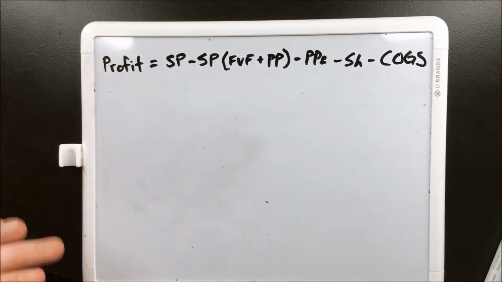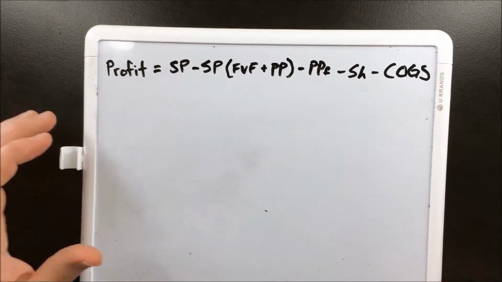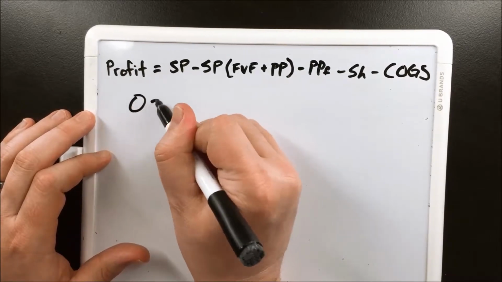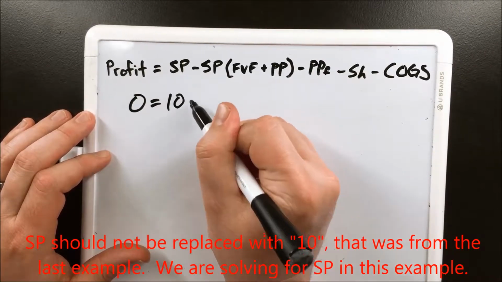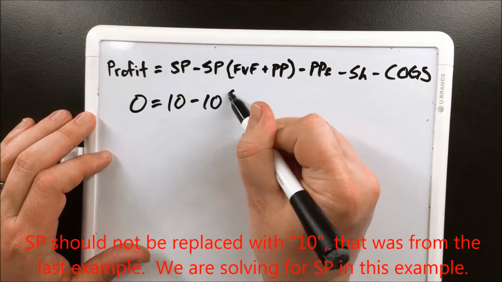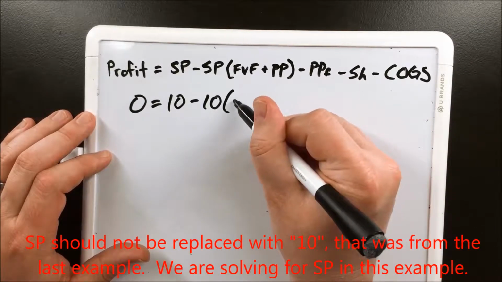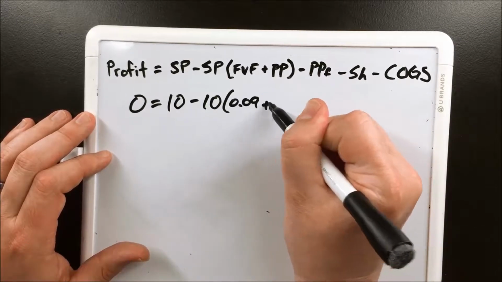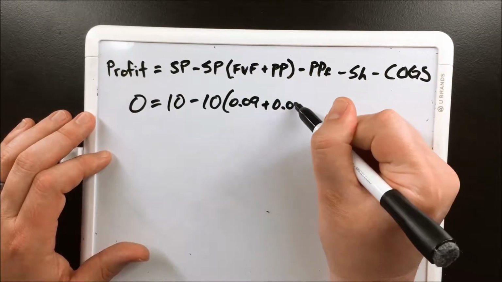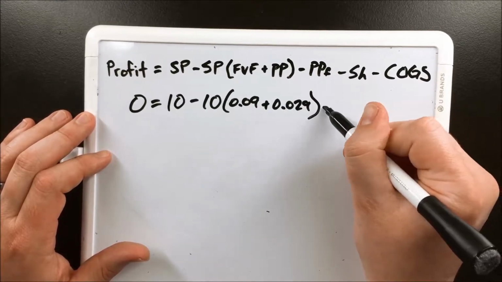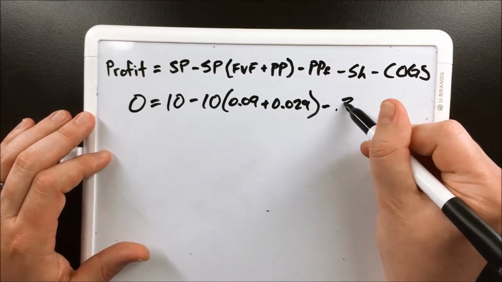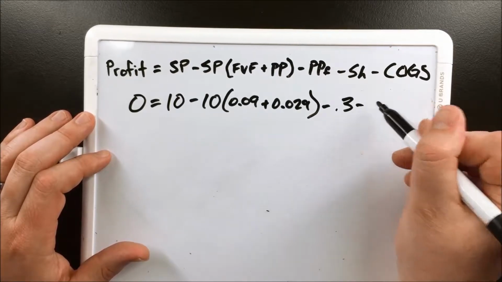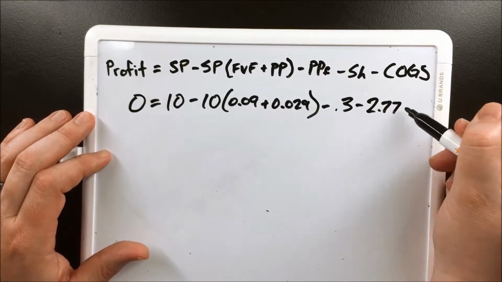Let's look at the break-even point. So it would be 0 equals 10 minus 10 times 0.09 plus 0.029, minus 0.3, minus 2.77, minus 1.